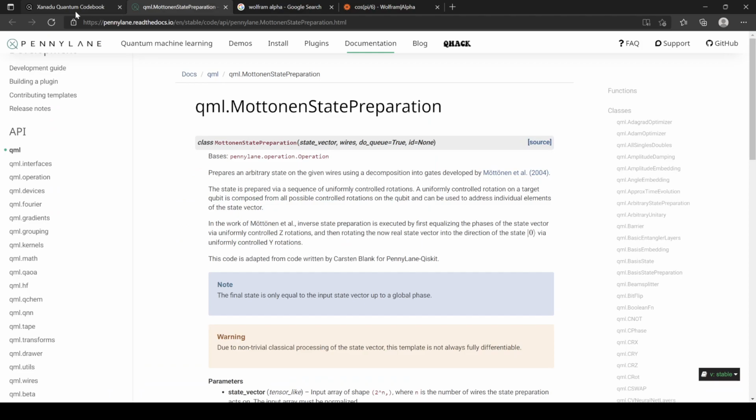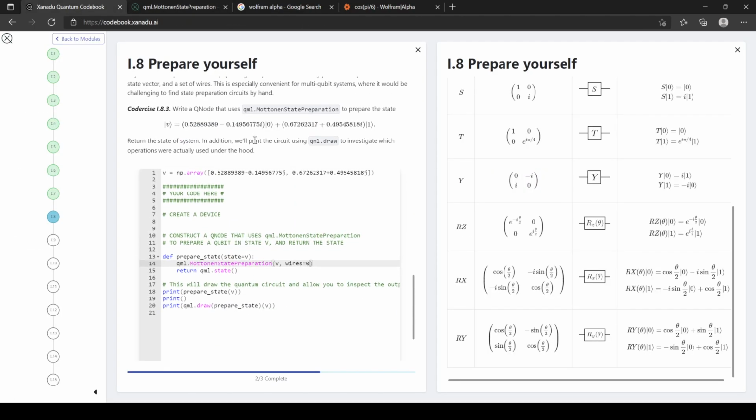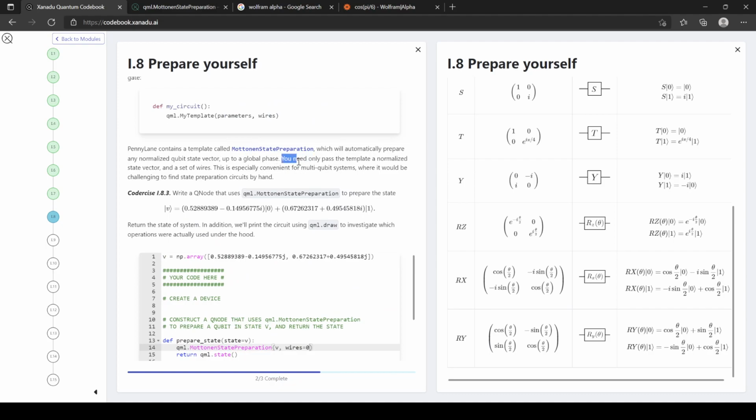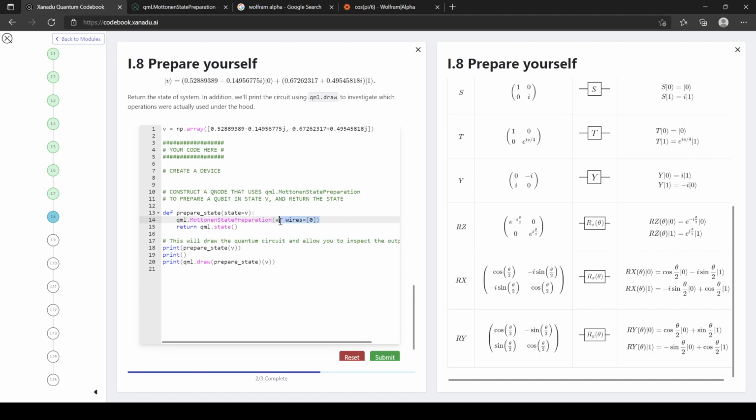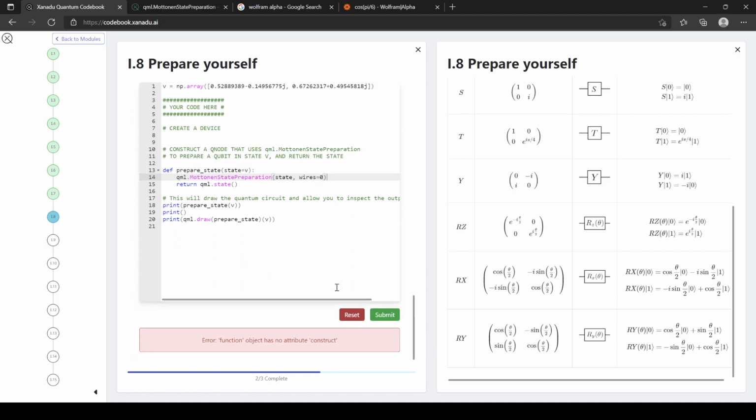What am I doing wrong? Let's see. You need only pass the template and normalize in a set of wires. Does this have to be a list? I should probably call this state, and then I should do wires equals 0. No.